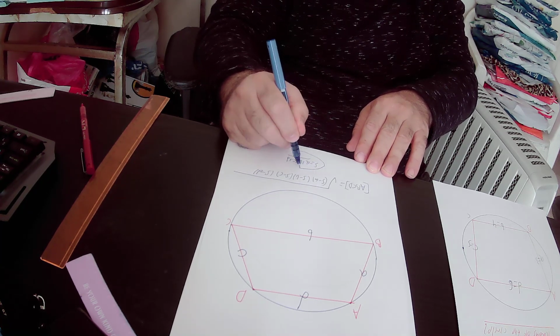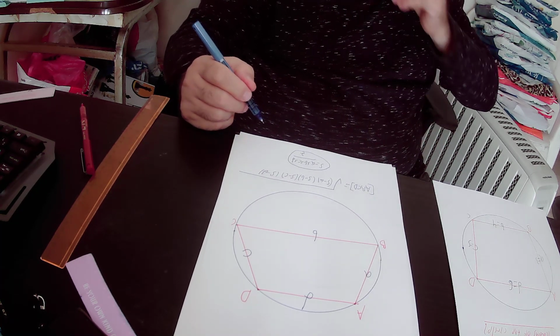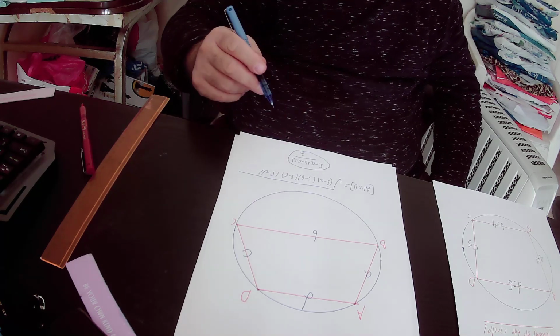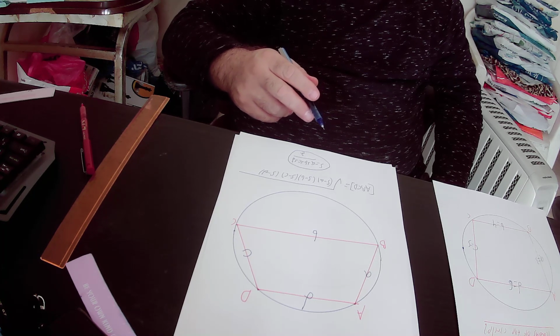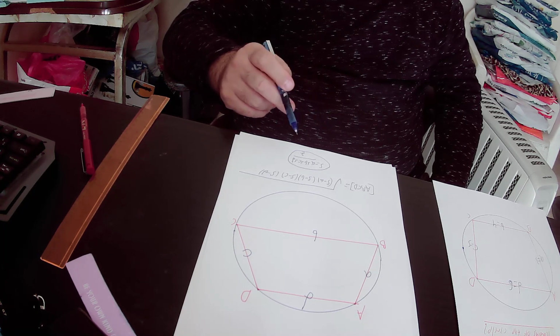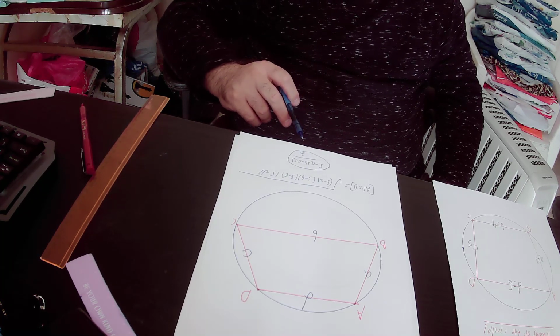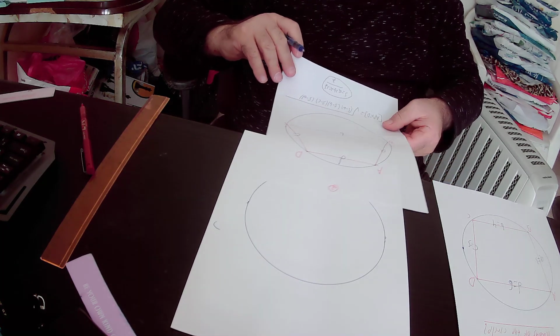So if you have any quadrilateral that is inscribed by a circle, then you can calculate the area of that quadrilateral according to this formula. So that is rule number 1, and we also have rule number 2.